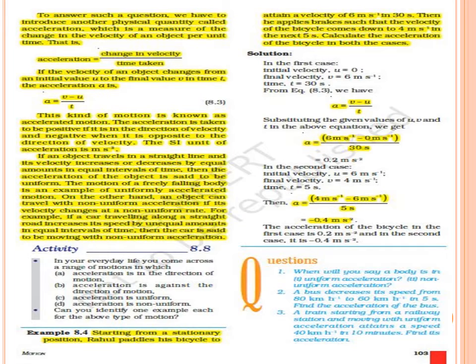So acceleration is 4 minus 6, not 6 minus 4, because 4 is the final, divided by 5, and it becomes minus 0.4 meter per second square. So the first one is positive and the second one is negative acceleration. Thus the acceleration of the bicycle in the first case is 0.2 meter per second square, and in the second case it is minus 0.4 meter per second square.